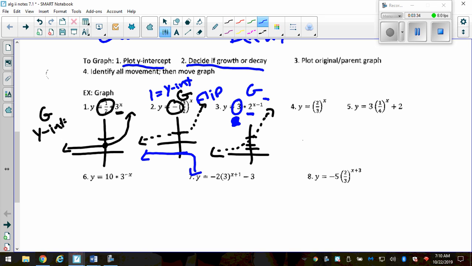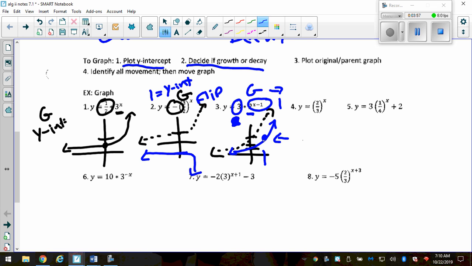Now this x minus 1 up here, remember you go opposite for h, left and right. That's going to move your graph right 1. Where exactly you hit on the y-axis, you have to plug in information to get the exact point. All I'm looking for is that it's going up and you have correctly plotted that dot right there for me.